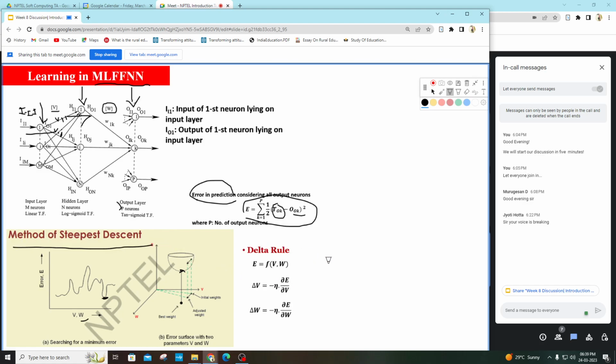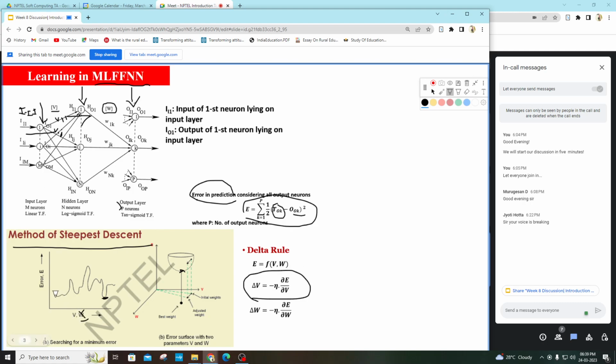So you can see that the delta rule is for steepest descent learning. How is this delta rule working? Delta V is minus eta del E by del V. Here in this graph, for now let's forget W and say that we are only dealing with V, okay?